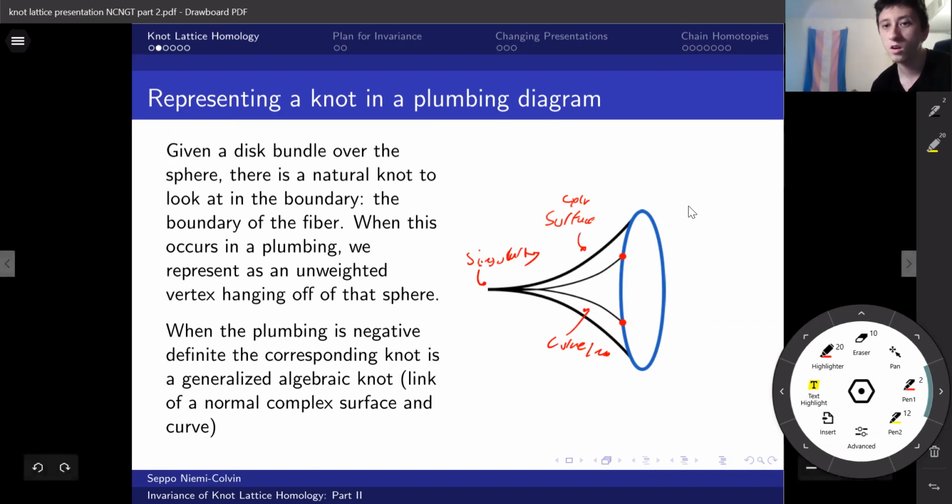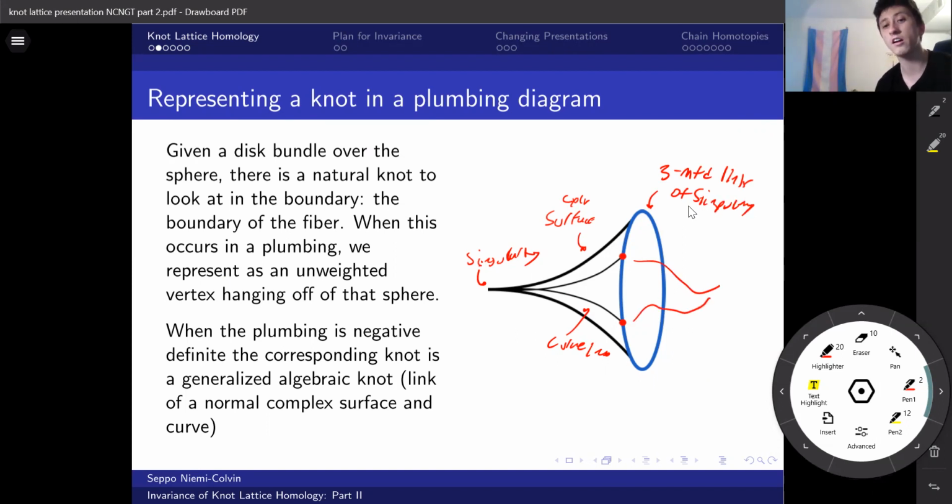We have that this over here is the three-manifold link of the singularity. And this, which is where the curve meets the link of the singularity, is the generalized algebraic knot.